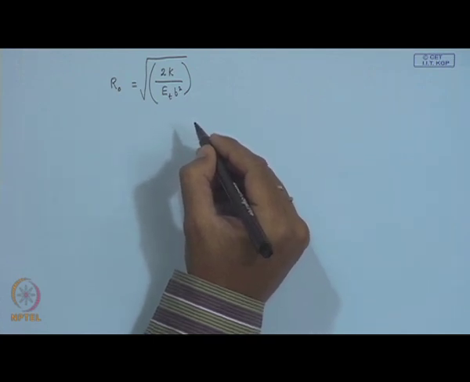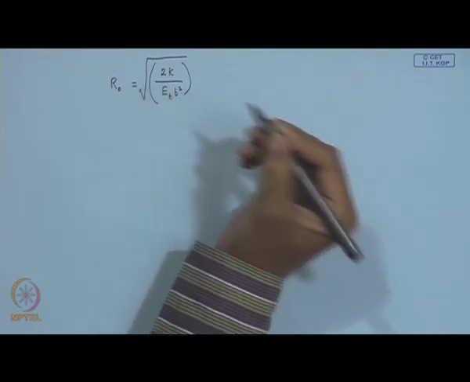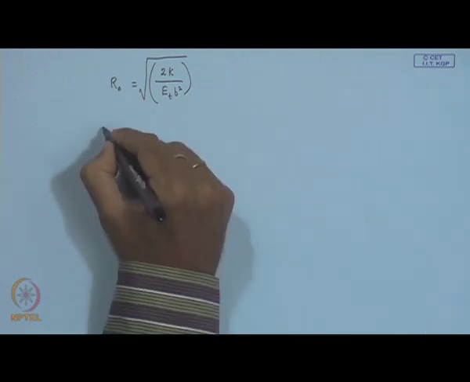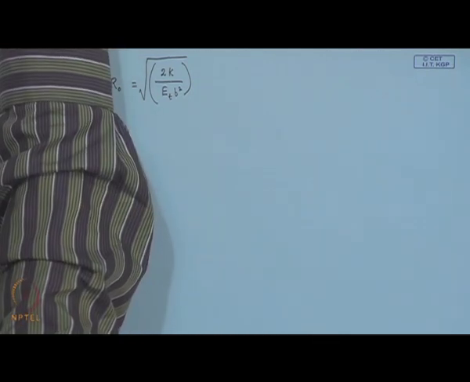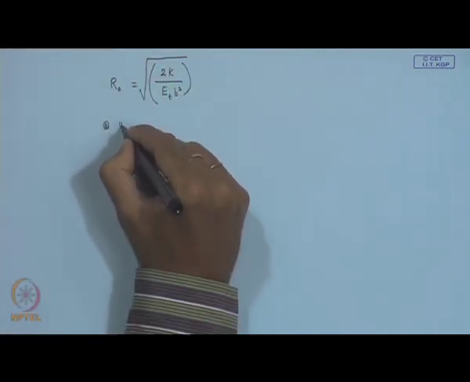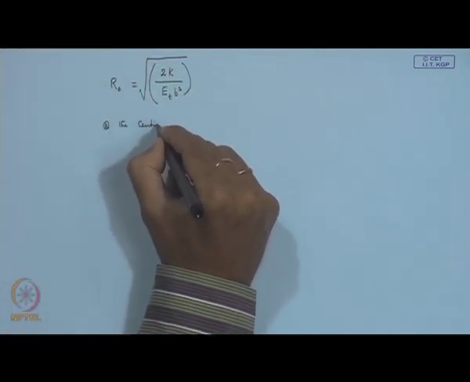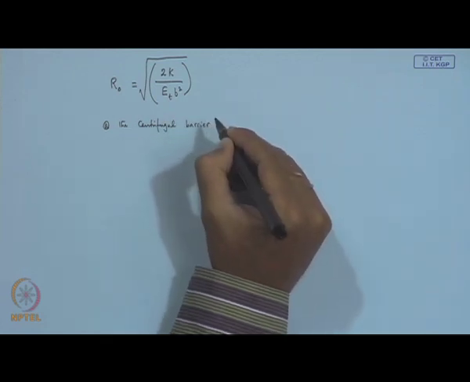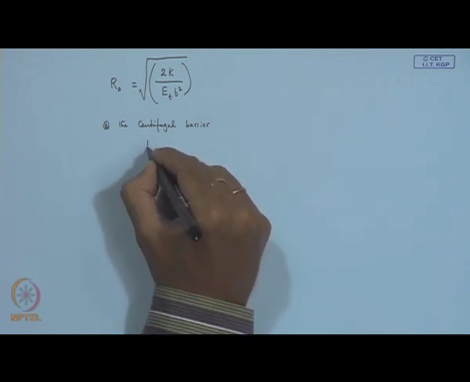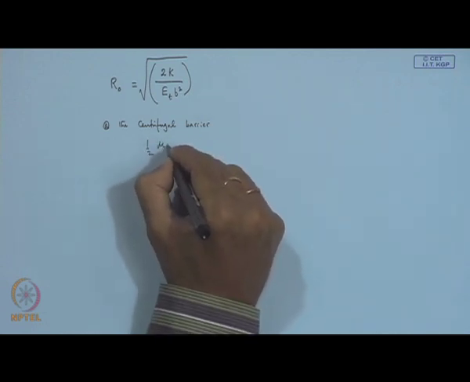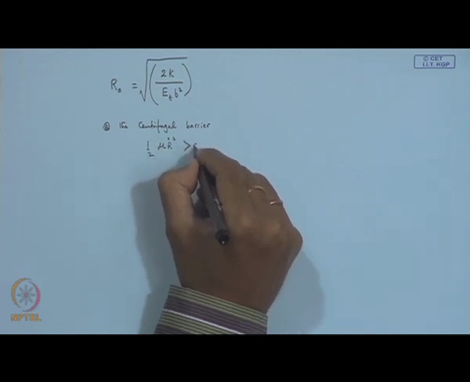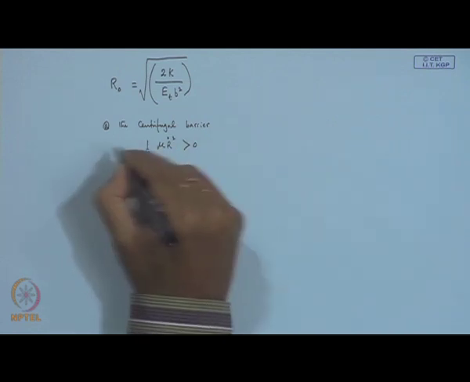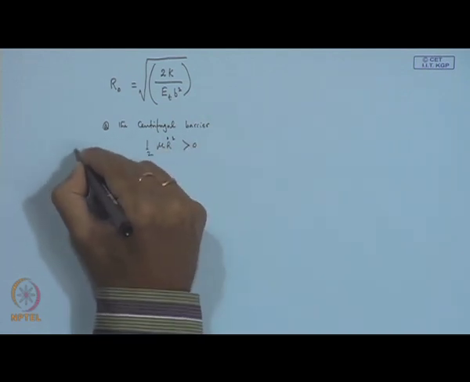So doing the same procedure as we did for the earlier case, at the centrifugal barrier we require that half mu R dot square will become greater than 0 for reaction to occur.